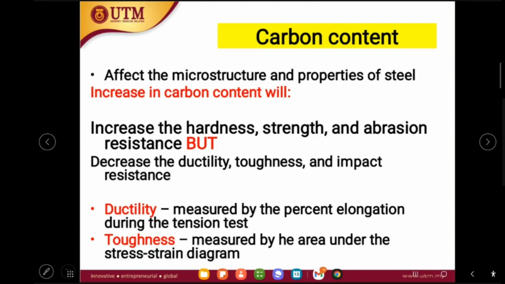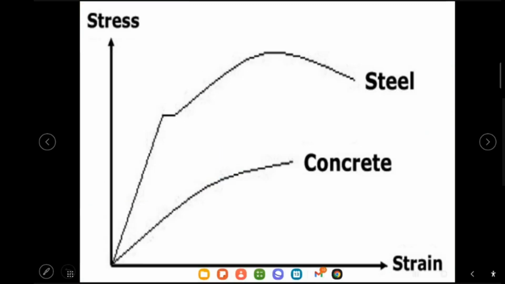But at the same time, it can decrease the ductility, toughness, and impact resistance. Ductility is the main property that is required when we are designing an earthquake resistant structure. So as an engineer, we must have our justification whether the structure requires strength, whether strength is the priority or ductility is the priority.